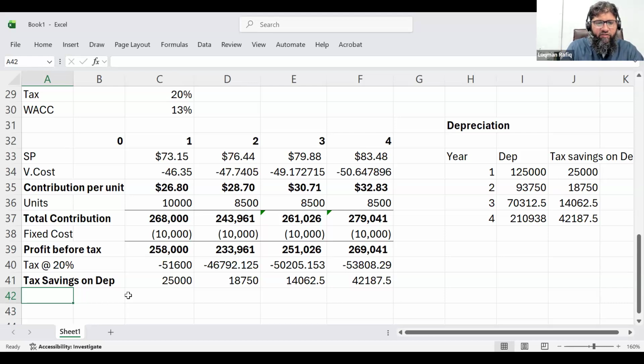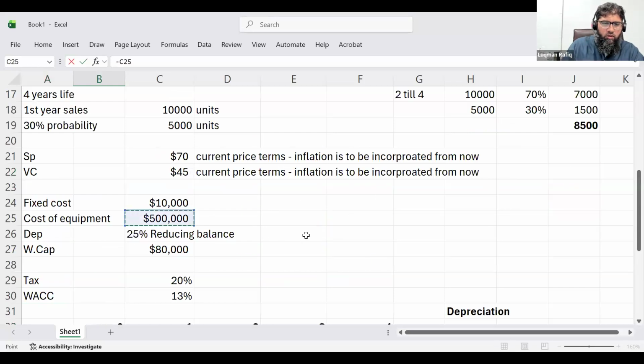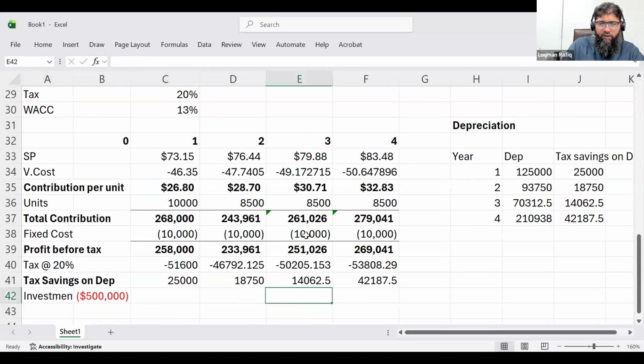And then we have got the investment. The investment is going to be negative 500,000. And the residual value is going to be 0.